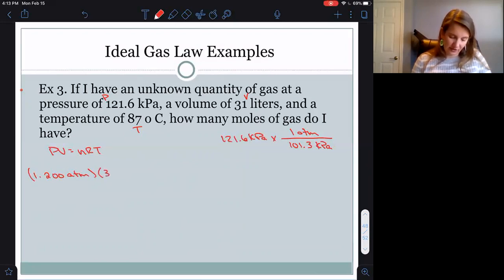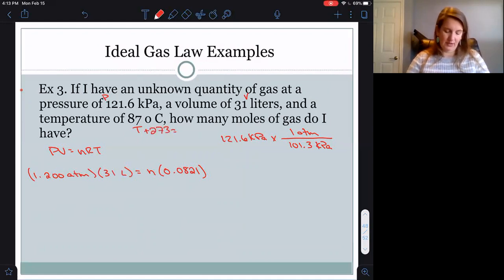Again, I'm going to use the unrounded value in the calculator when I go ahead and calculate this. I've got 31 liters. I'm looking for my moles. I've got my ideal gas law constant, 0.0821, and then I've got to add 273 to my temperature, which is 360, because I always have to have my temperature in Kelvin.